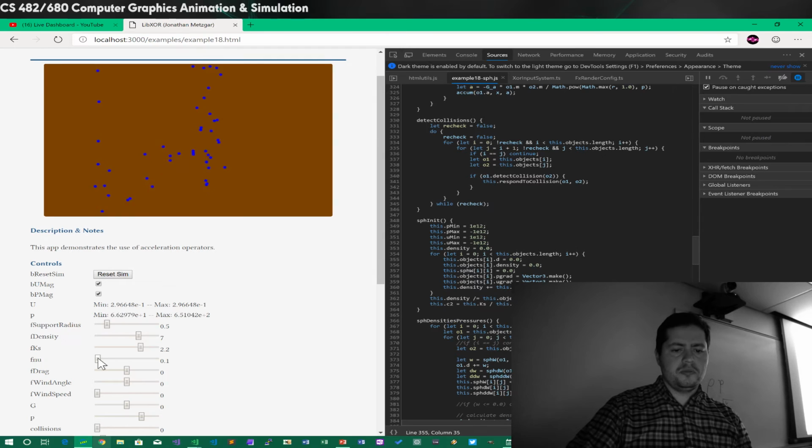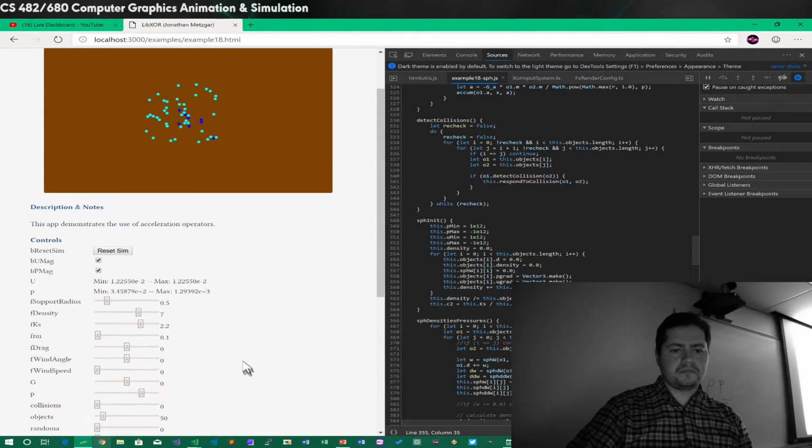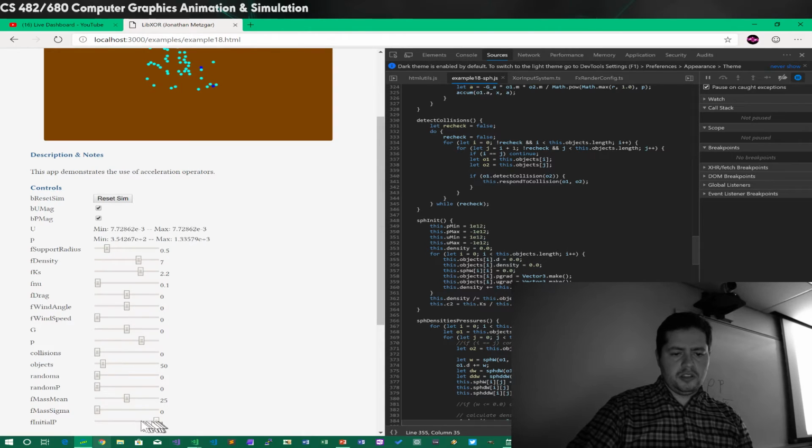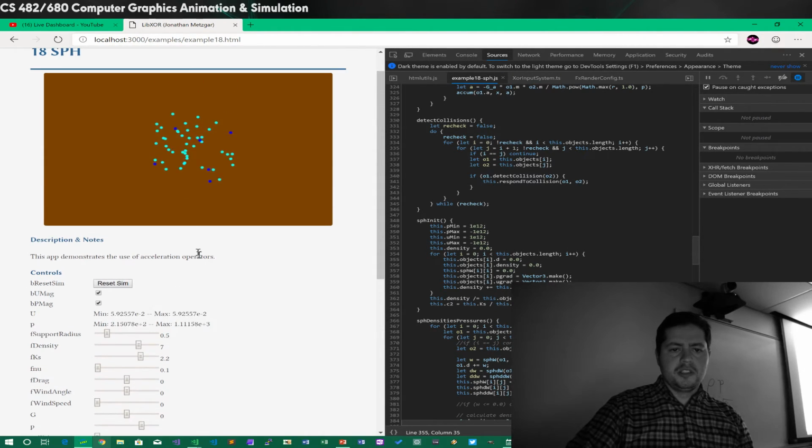Okay. Yeah, so if we set the viscosity low, I guess we could give it some initial motion, but if we set the viscosity low, it almost slows down. Really interesting.